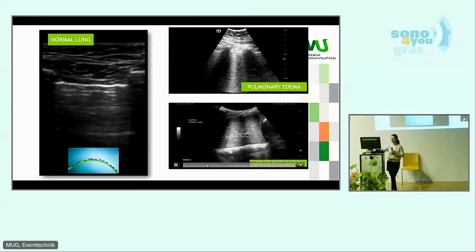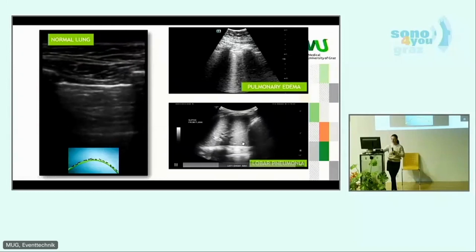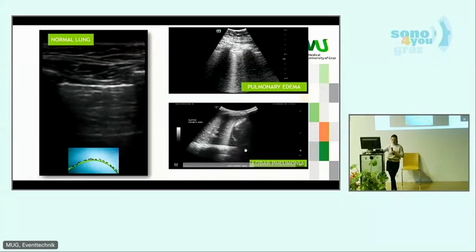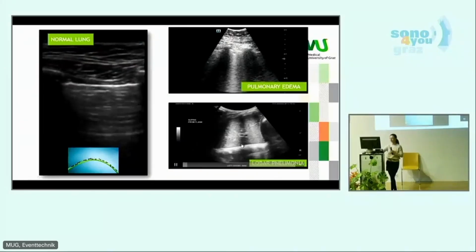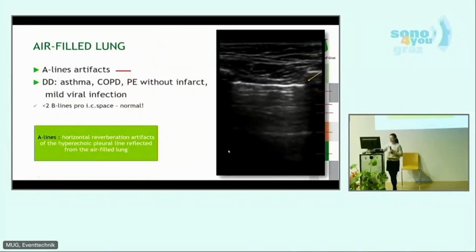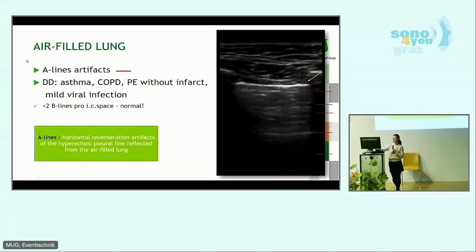And here is the case of lobar pneumonia. This is not a liver, this is lung. It is called hepatization. There is no more air in the alveoli and bronchi, there is just infiltration with cells.